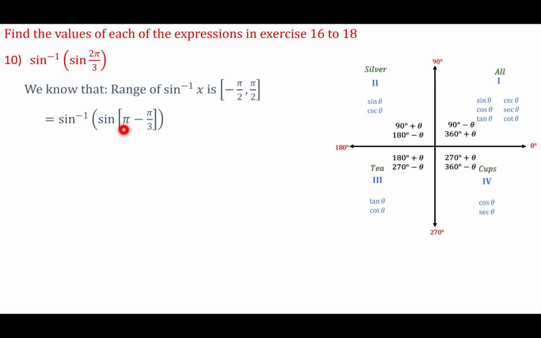And 180 is unchanged, so sine remains the same. So the answer is sine pi by 3. Sine inverse of sine pi by 3. Now sine inverse of sine can be dropped, because pi by 3 is 60 degrees, which is in this range. So the final answer is pi by 3, which is in the range of sine inverse x.